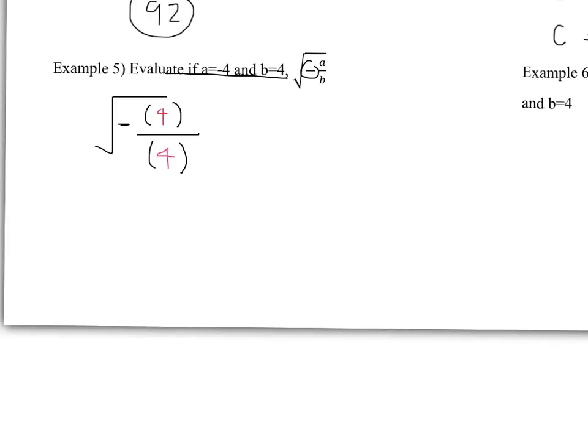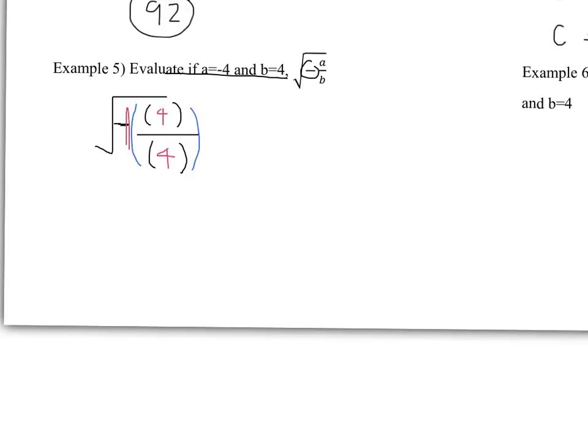Now, let's talk about how you would evaluate something like this. Because you have division here and the negative is touching on the outside, you assume that there are imaginary parentheses around this, and on the outside you have this negative 1 coefficient. Okay? So the first thing we want to do is divide negative 4 by 4.